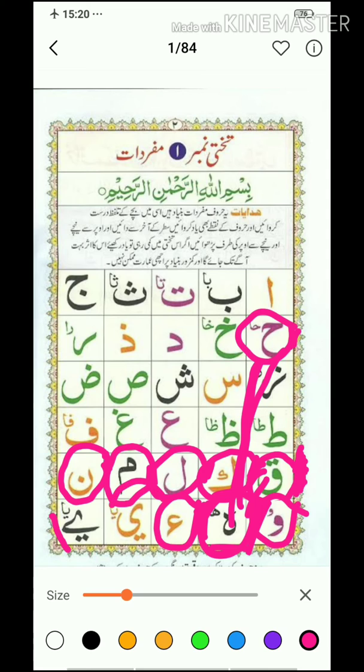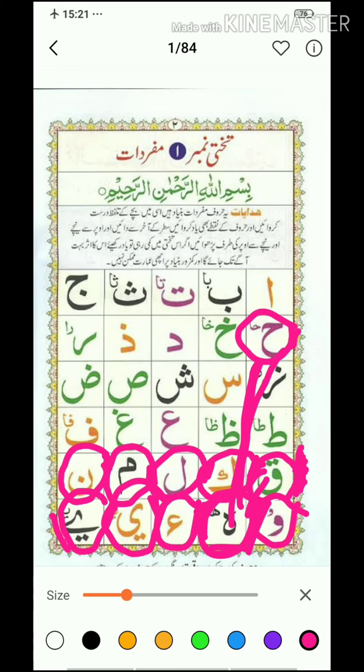The next letter is Ya. If we compare this with an English letter, it makes the same sound as the Y we have in English, like in the word yellow. The Ya sound is made by this letter, and the last one is also Ya.